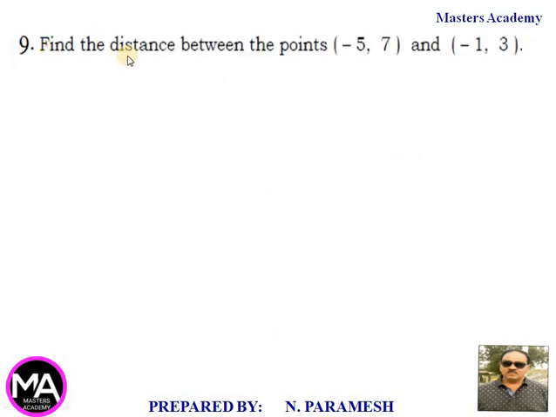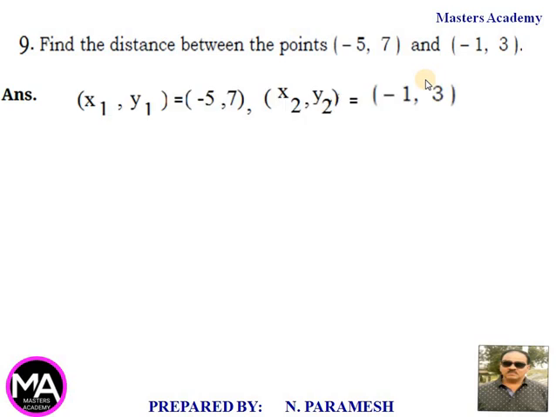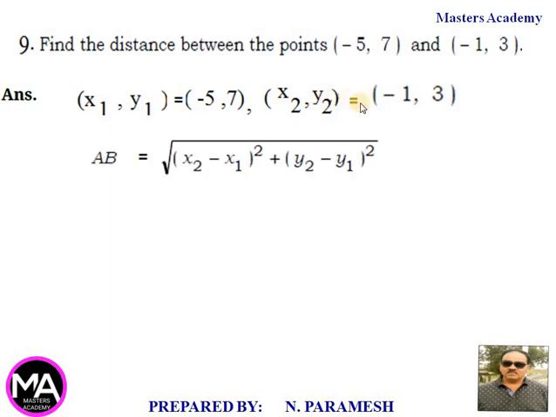Ninth question: Find the distance between the points (−5, 7) and (−1, 3). Answer: (x1, y1) = (−5, 7), (x2, y2) = (−1, 3). Using the distance formula, AB = √((x2 − x1)² + (y2 − y1)²).